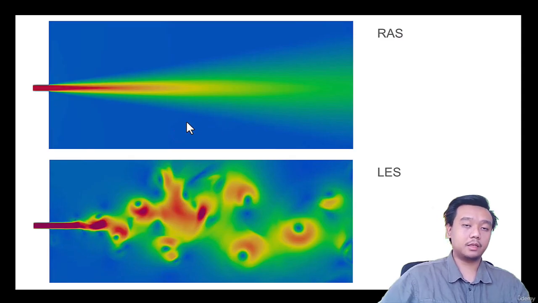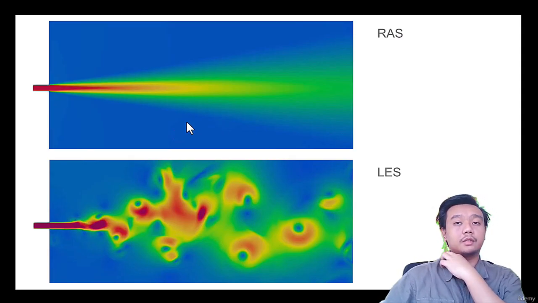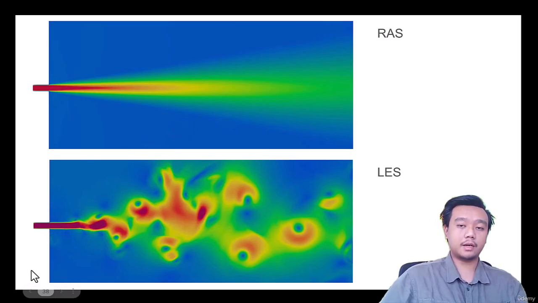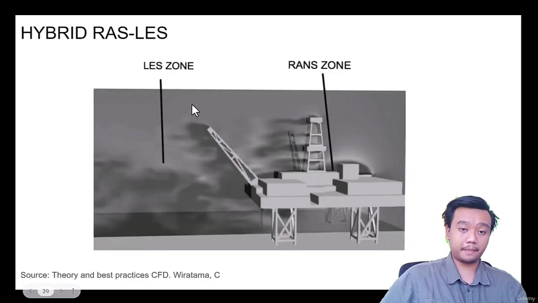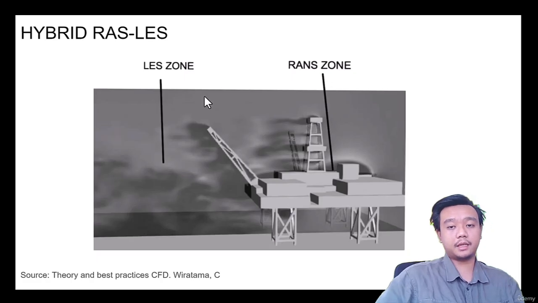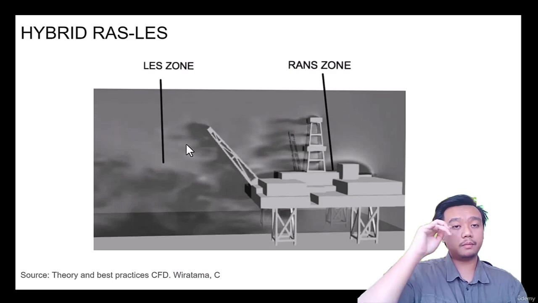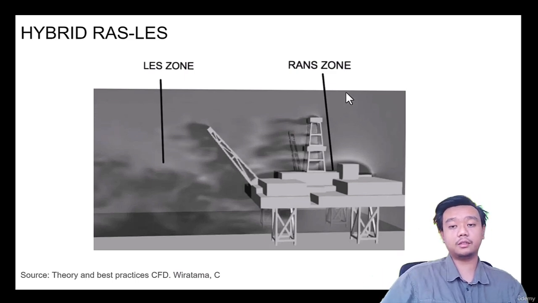So we also have another option, which is the hybrid RAS and LES. The basic idea is just using the LES everywhere in the free stream flow, but for the flow near the wall we use the RAS instead.